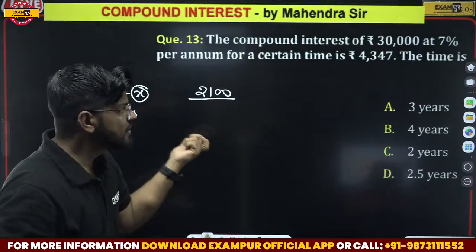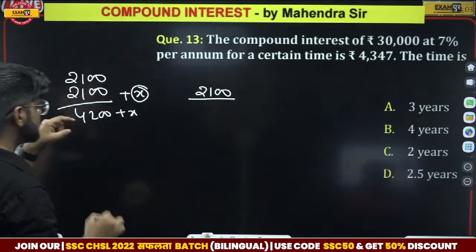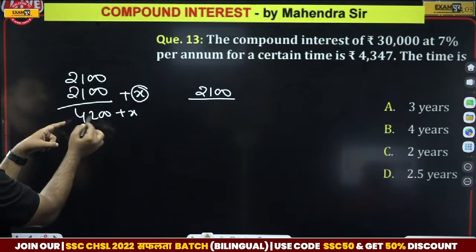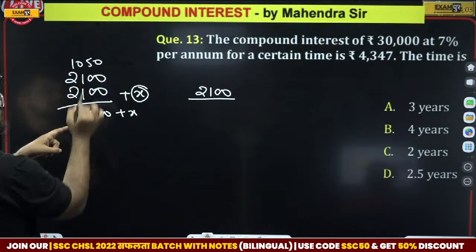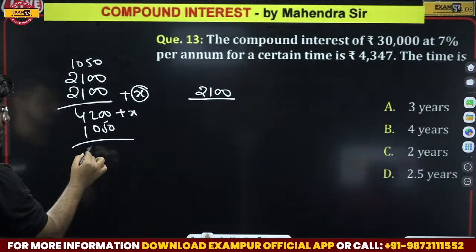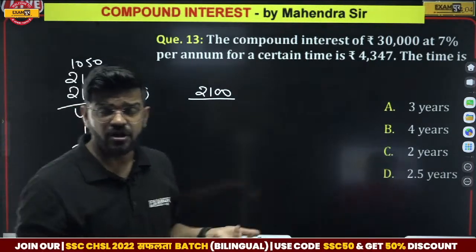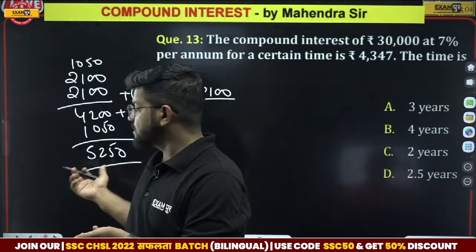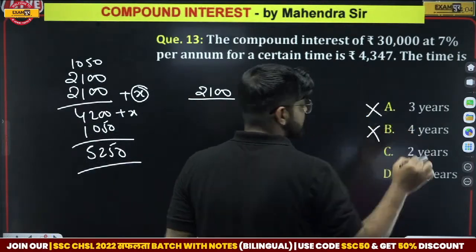Clear? Now we can see that this is 4300 and something for 2 years, and for half year this will be 1050. That means if I add 1050, this will be 5250 SI only for 2.5 years. Now we cannot say this is my answer.